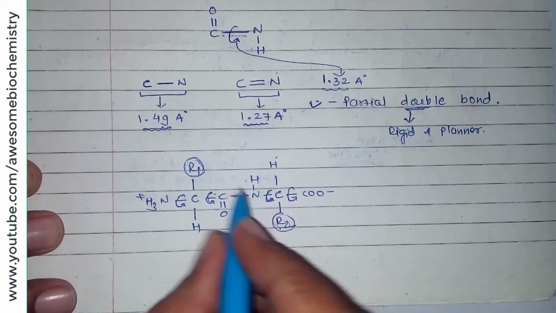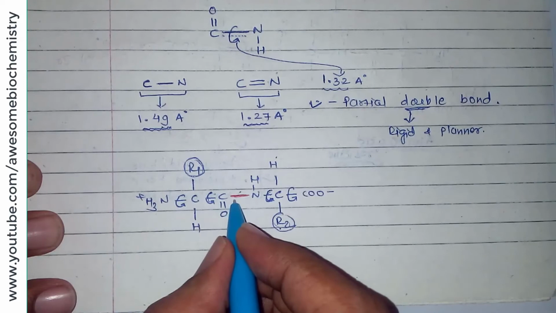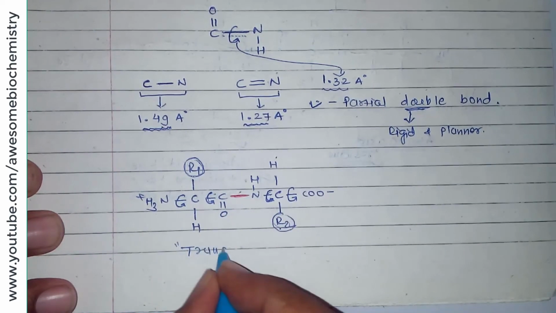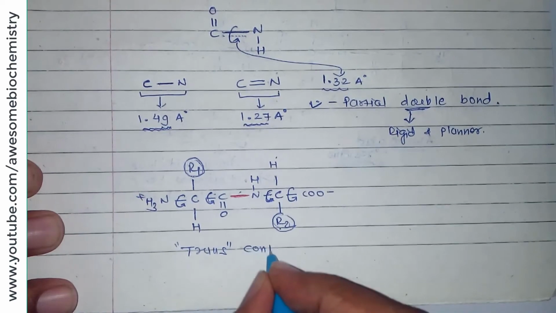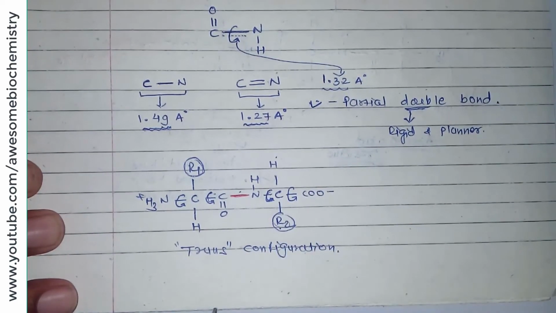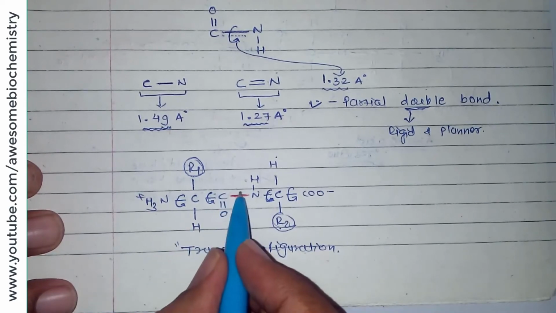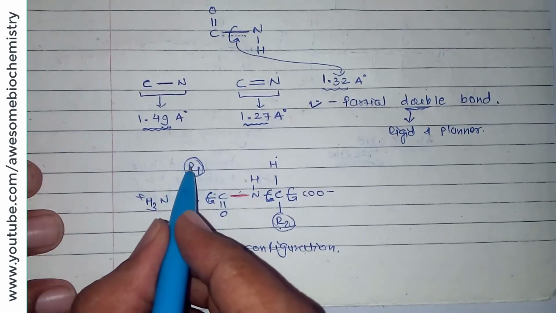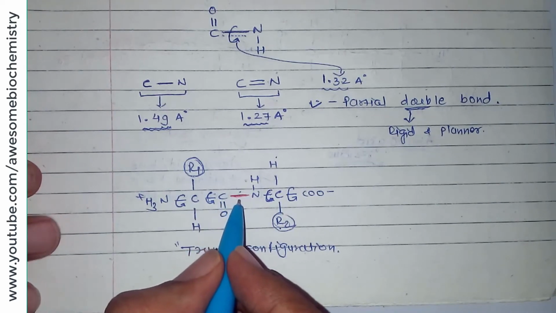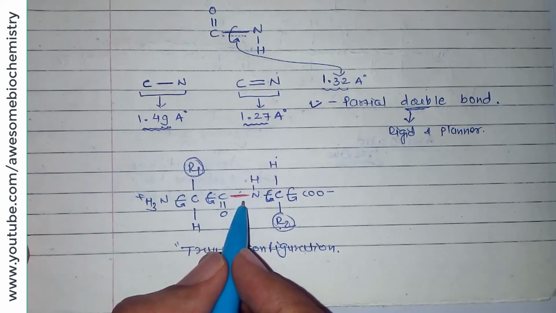Whenever there is such an opposite arrangement around this partial double bond, we call it a trans configuration. Why do we call it a trans configuration? Because the side chains are on opposite sides of this hypothetical double bond. Okay, so this is the characteristic of the peptide bond.